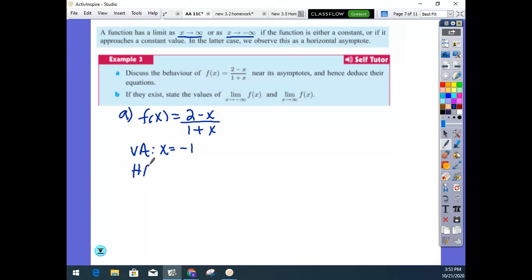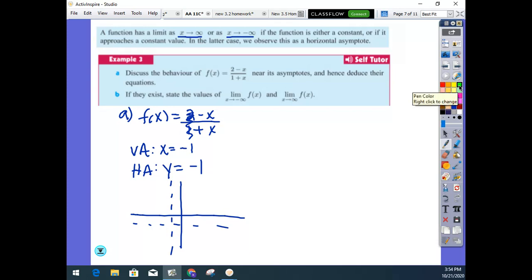Our horizontal asymptote, be careful here, if we consider just the degree, the power functions in the numerator and the denominator, I get -x over x, which is -1. So if we put in x equals -1 and y equals -1 onto the graph, there's our asymptotes.